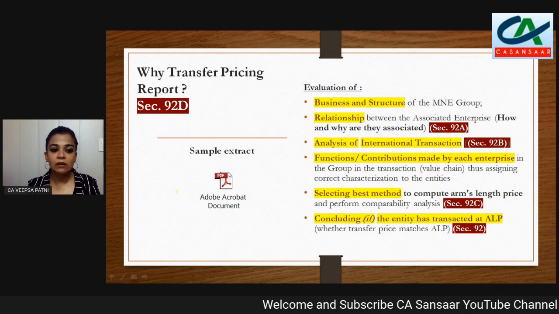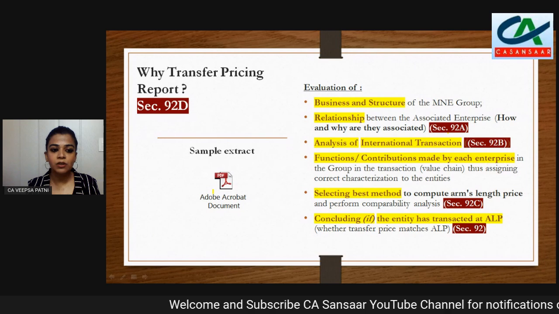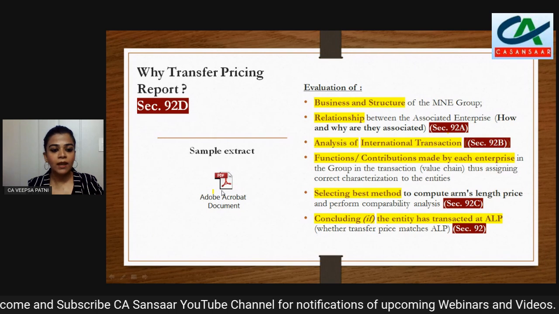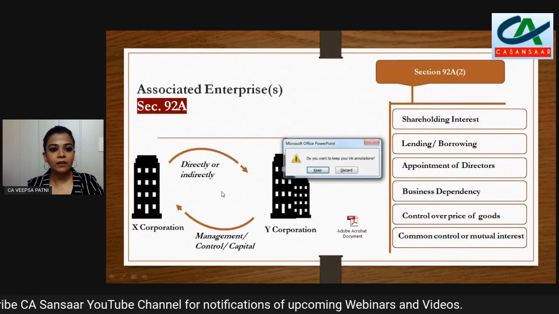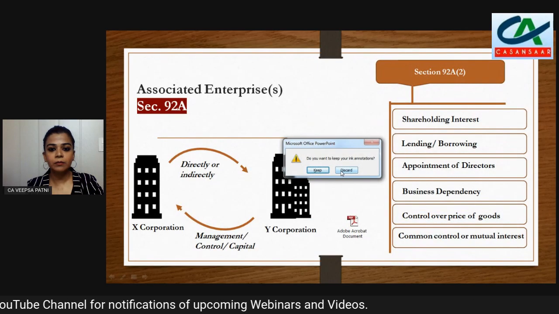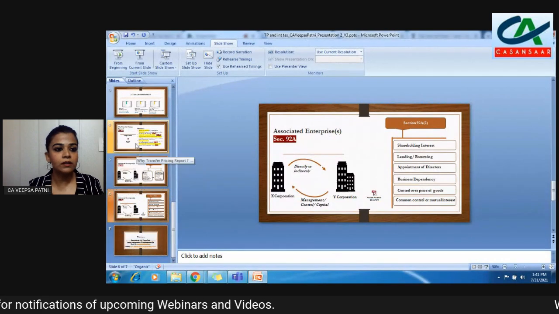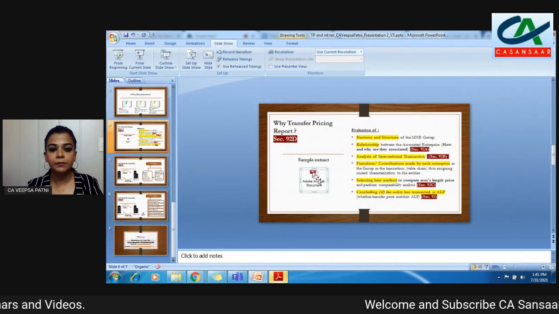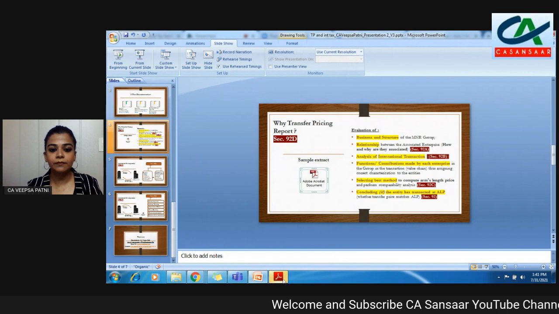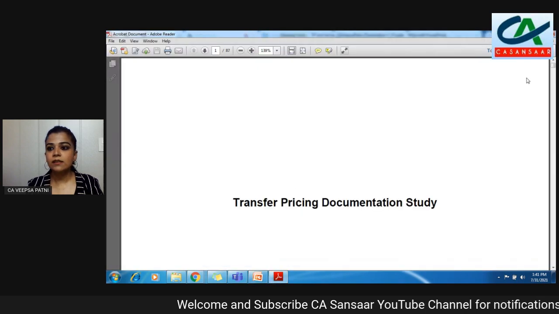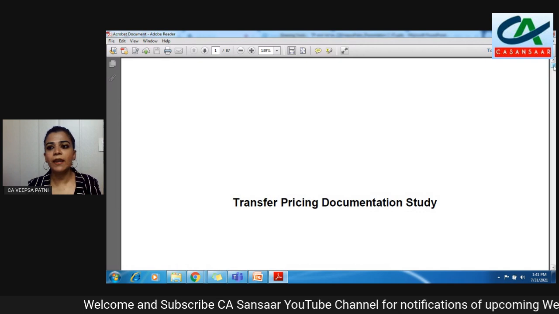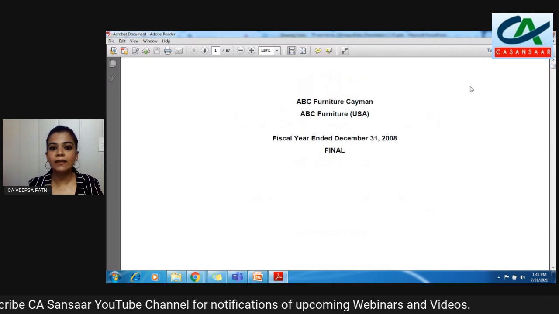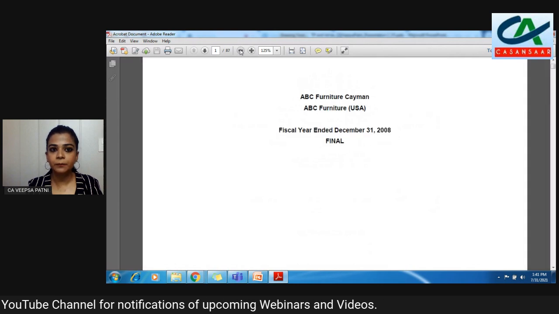But this document is a structure which I would take you through, and let's see how this report is actually maintained. So this is a brief idea to give you of how and what exactly a transfer pricing study is.